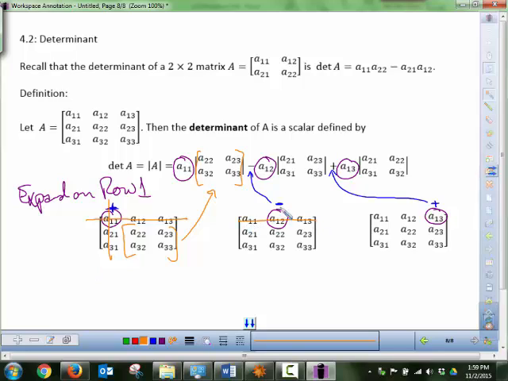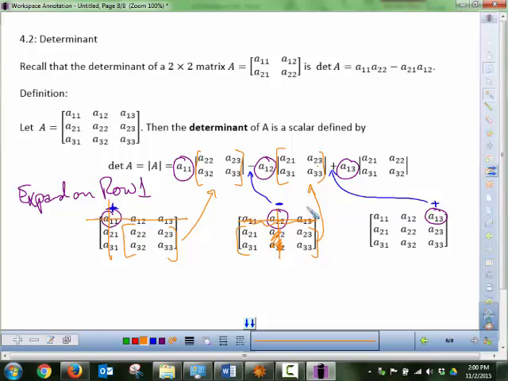Similarly, you cross out the first row and now the second column, and you have a 2, 1, 2, 3. You have a 3, 1, 3, 3, and that submatrix that's left after you cross out the first row and second column is your 2 by 2 matrix you're going to find the determinant of.